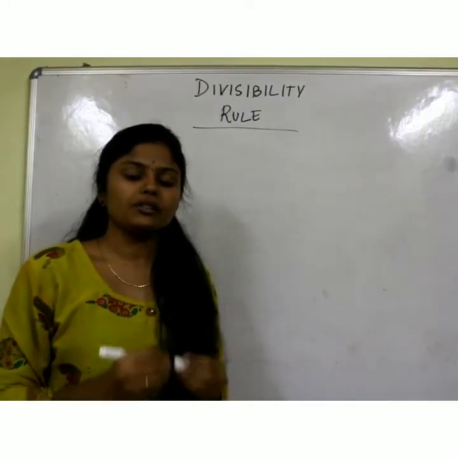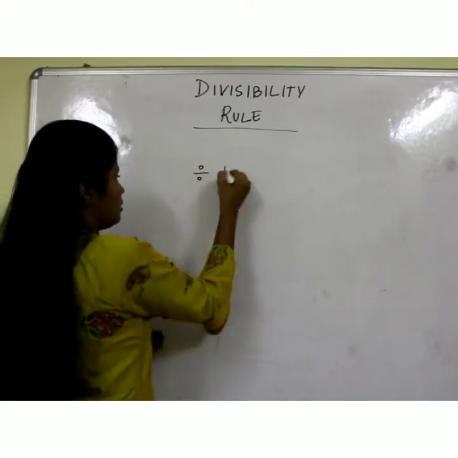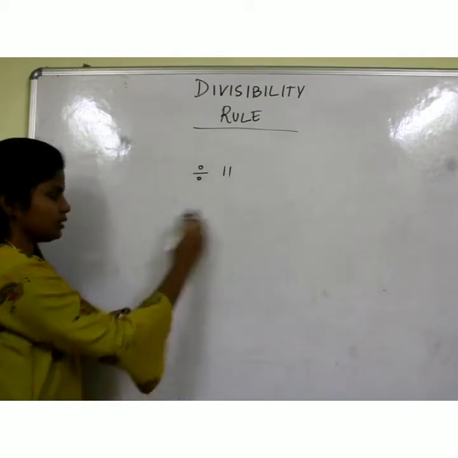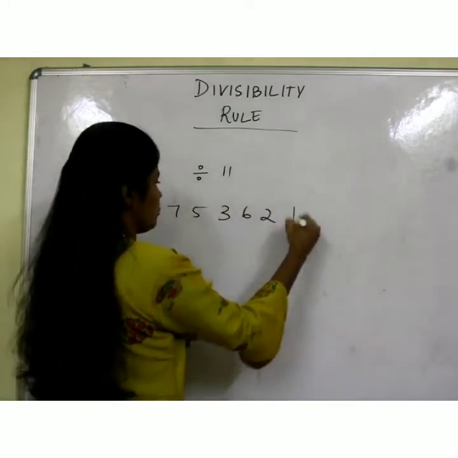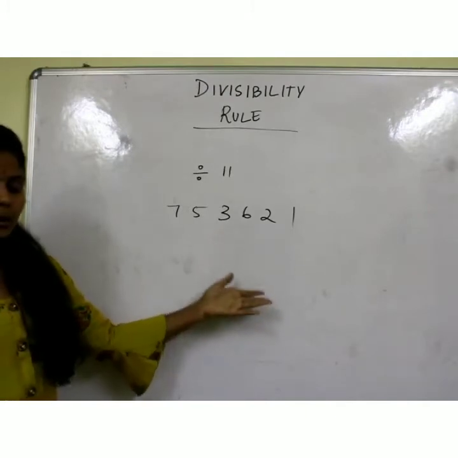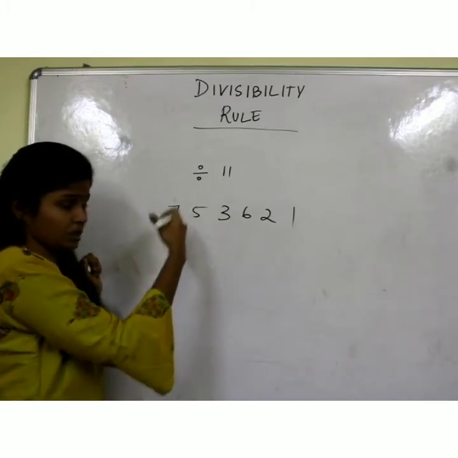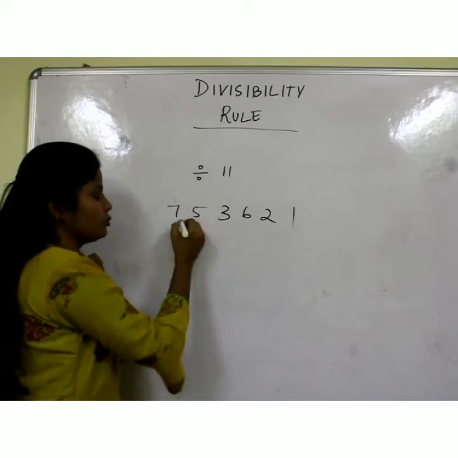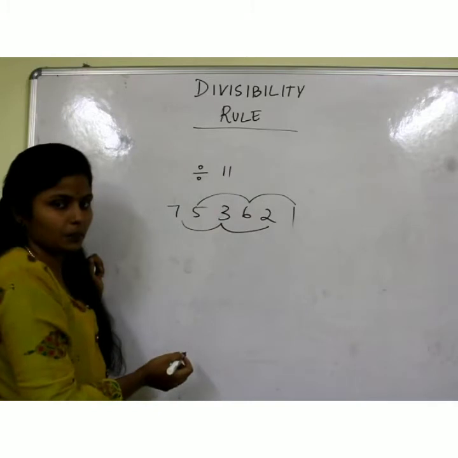Well, if you look into the divisibility rule of 11, it is quite special, but it's not difficult. So let me randomly take a 6-digit number, 753621. Now I want to check whether this 6-digit number is divisible by 11 or not, for which I am going to split the numbers in the odd positions and the numbers in the even positions. 7, 3, 2 are in the odd positions, 5, 6, 1 are in the even positions.